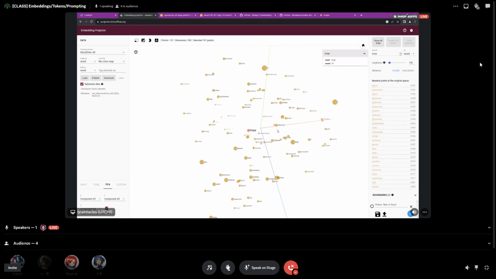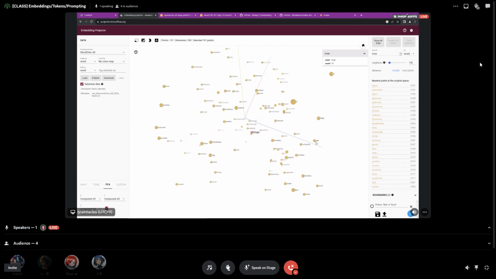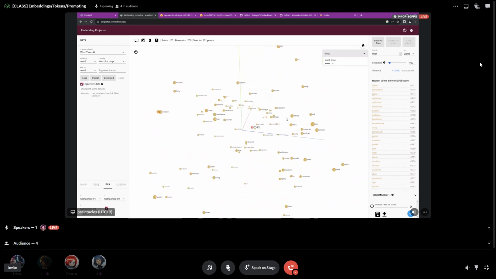It's easier to have clumps together, but when you have 768 or 1280, you need a lot more in common to form clumps, and it's really interesting what we're going to be looking at.